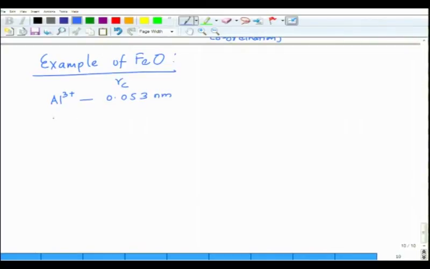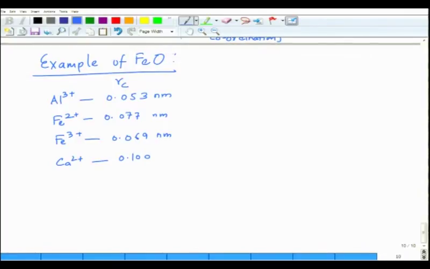Then Fe2+ has a radius of 0.077 nanometer, Fe3+ has a radius of 0.069 nanometer, Ca2+ has a radius of 0.100, and so on and so forth.